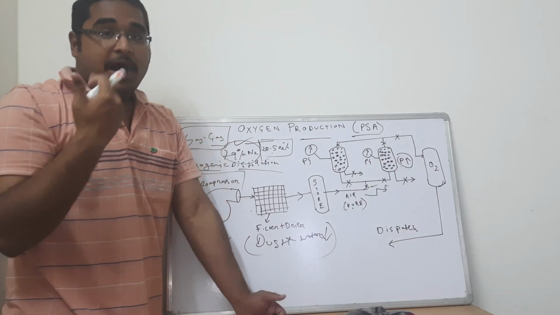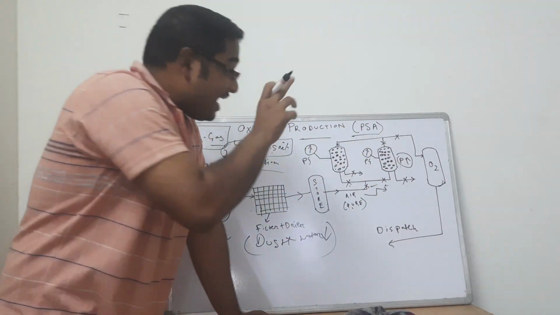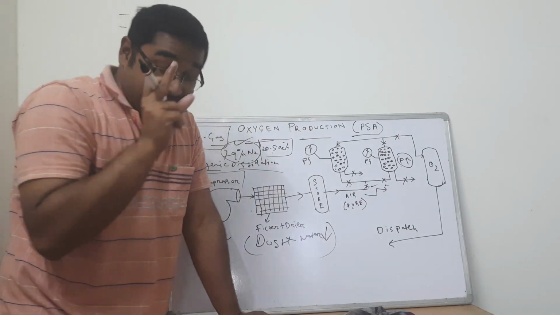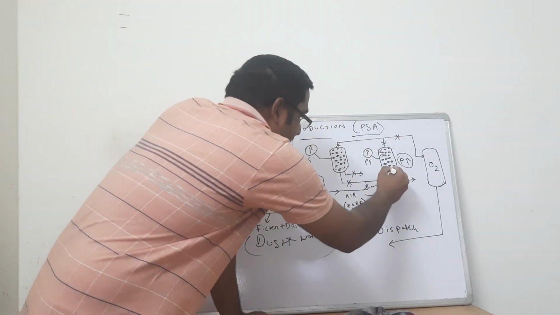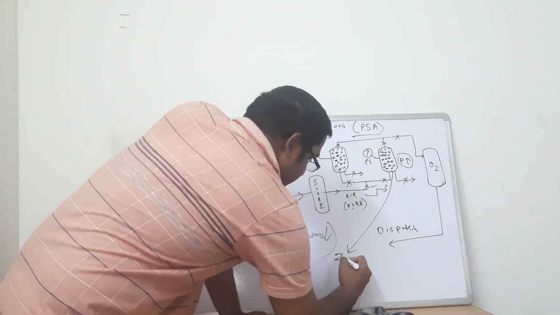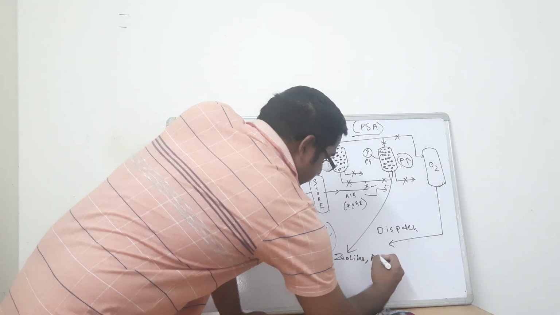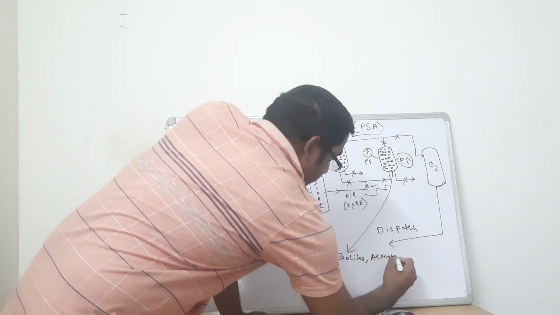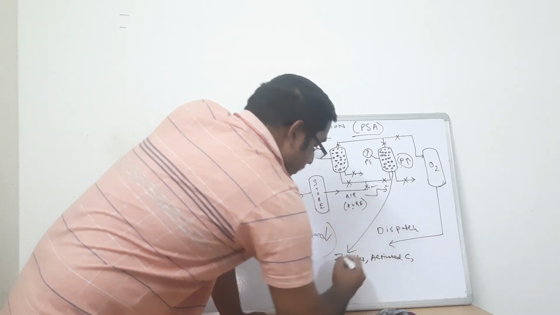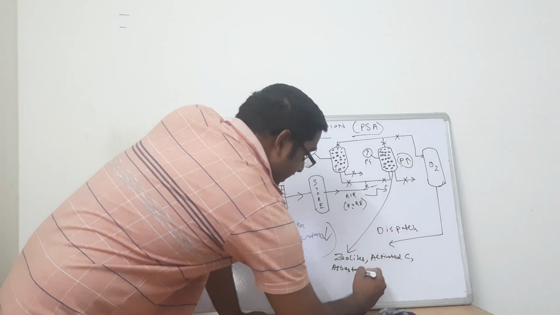Under high pressure, the packings in this particular chamber adsorb the nitrogen from the air. Now what are these packings? The packings you will have to understand are zeolites, activated carbon or charcoal, asbestos, nickel.